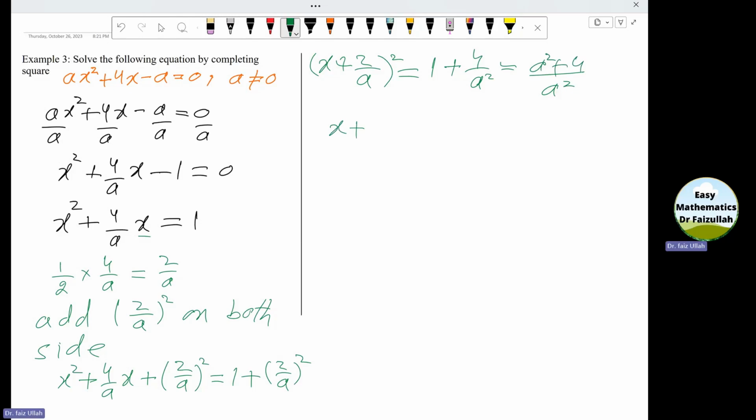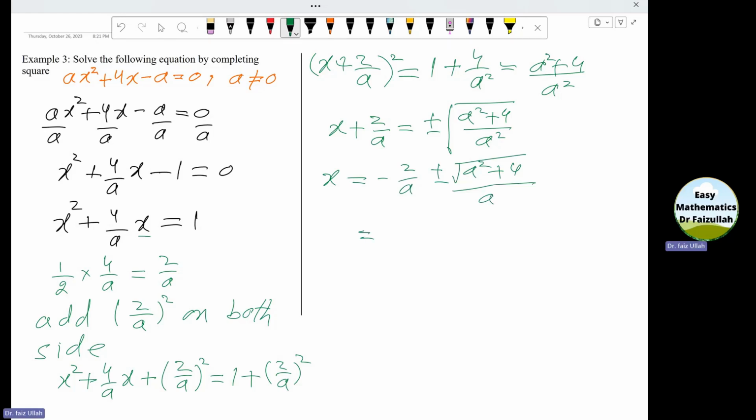So from the left hand side we have x plus 2 divided by a is equal to plus minus under the root a square plus 4 divided by a square. Now let us shift 2 by a to the right hand side. We get minus 2 by a plus minus under the root a square plus 4 divided by a square, but a square under the root is equal to a.